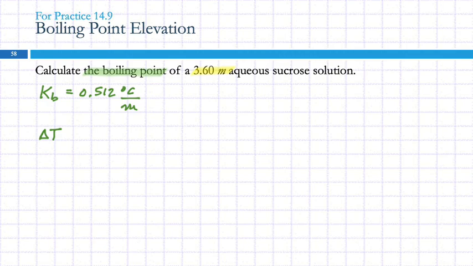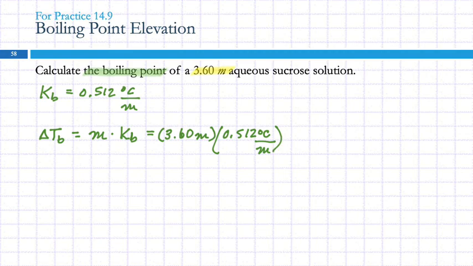So the change in the boiling point is going to equal the molality times the boiling point elevation constant. 3.60 molal times 0.512 degrees Celsius per molal. 1.8432 degrees Celsius.